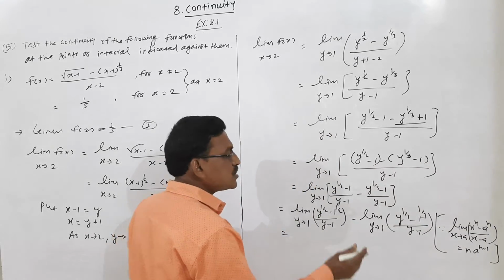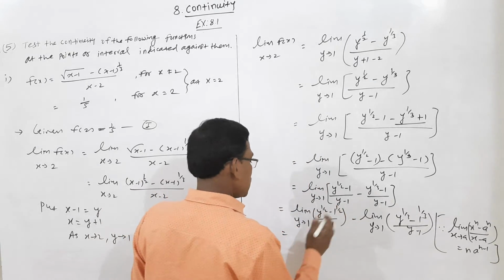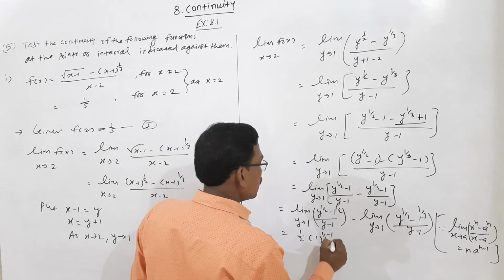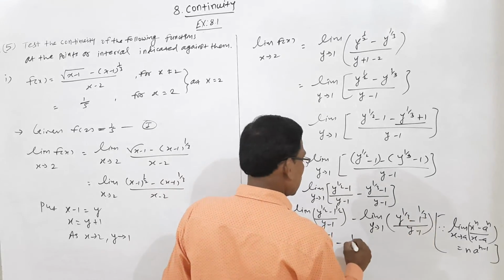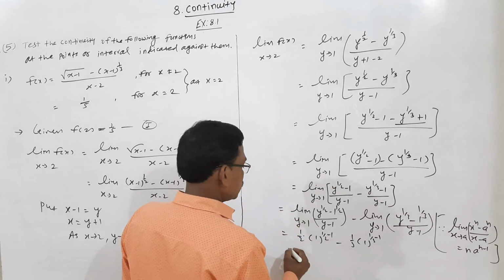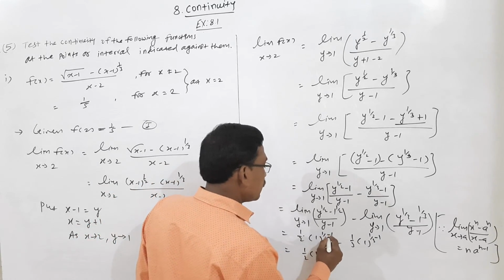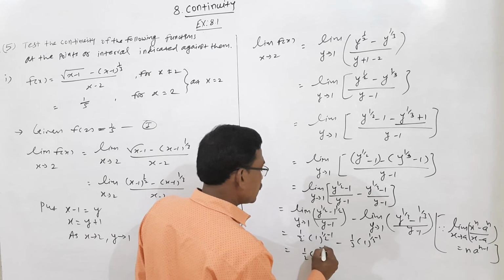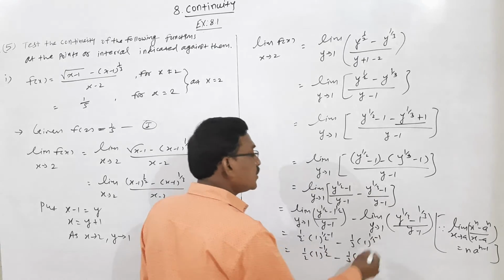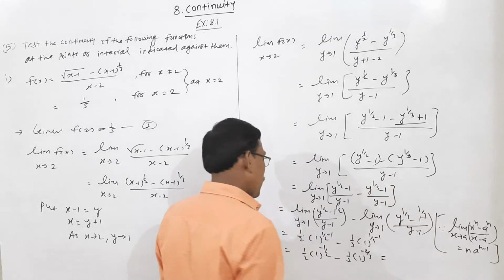By using this formula, we write the right hand side: n is 1 by 2 into 1 to the power 1 by 2 minus 1, minus 1 by 3 into 1 to the power 1 by 3 minus 1.